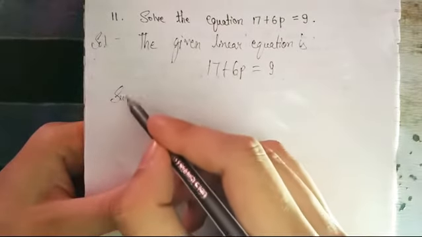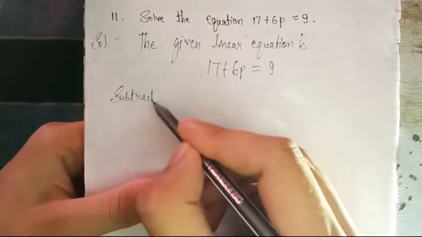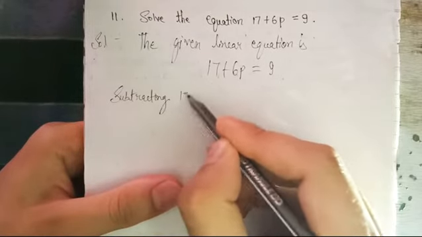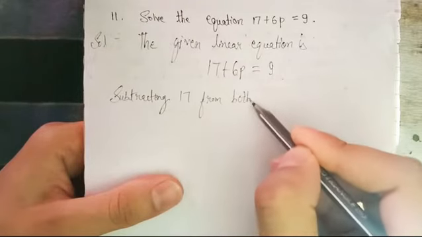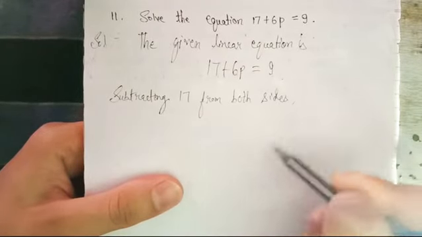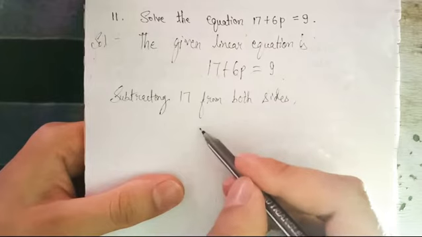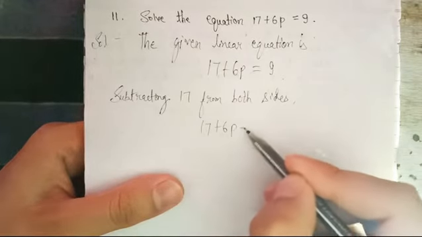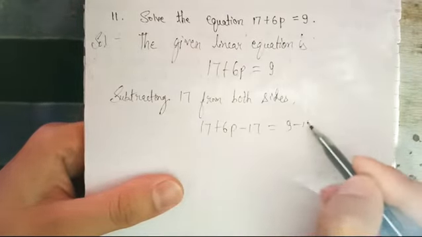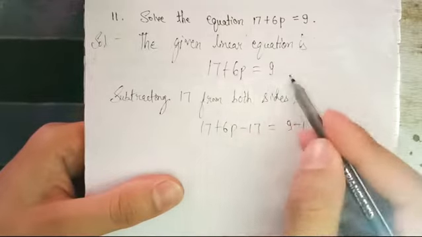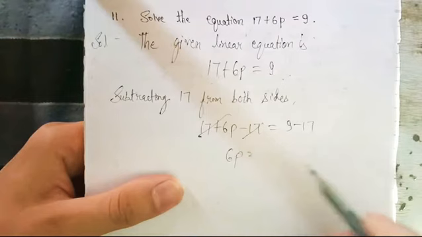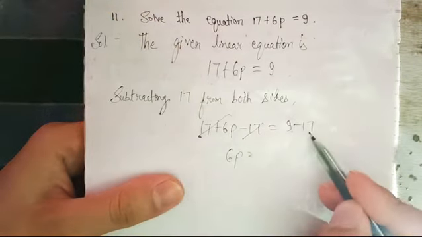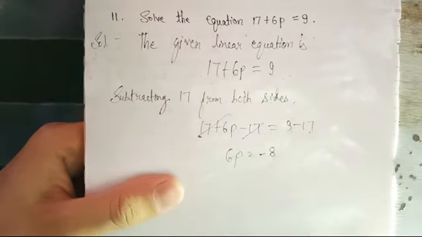So subtracting 17 from both sides. When we subtract 17, it will become 17 plus 6p minus 17 is equal to 9 minus 17. That is why 17 cancels. 6p is equal to 9 minus 17, which is equal to minus 8.